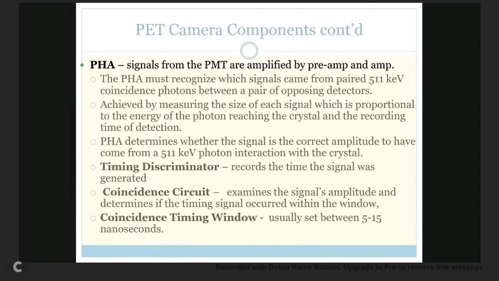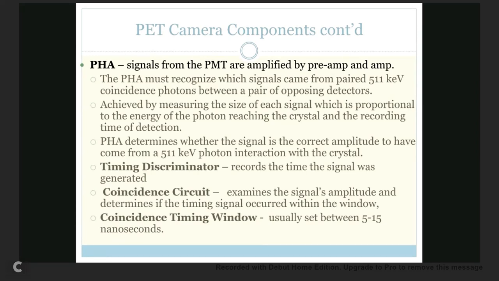So, you have your annihilation, you have photons, 511 keV, going in opposite directions. They strike a detector, then it goes through into the crystals, and from the crystals, it goes into your photomultipliers, and then from your photomultipliers, it goes into your preamp and your amp.